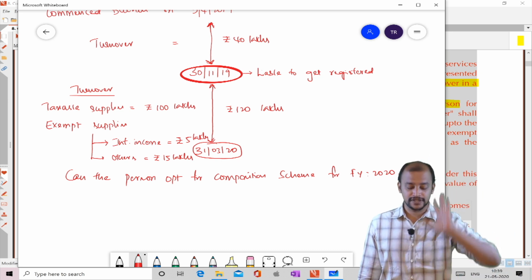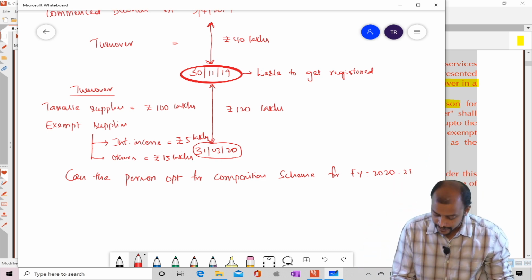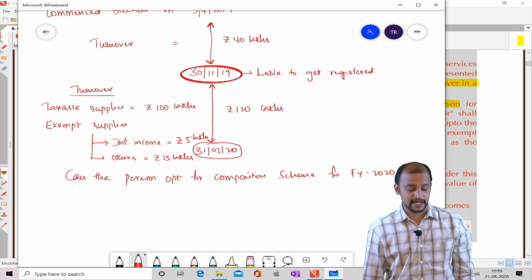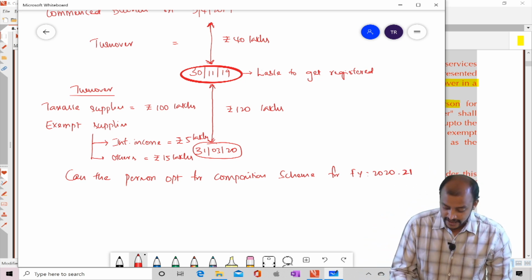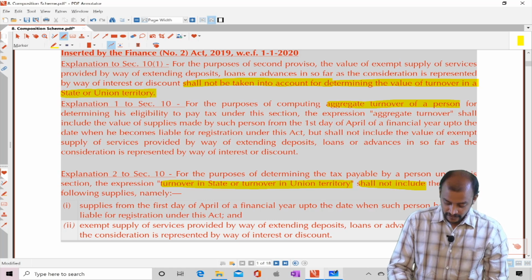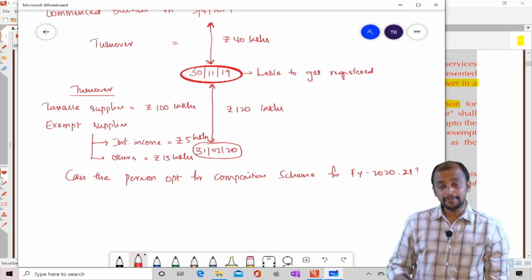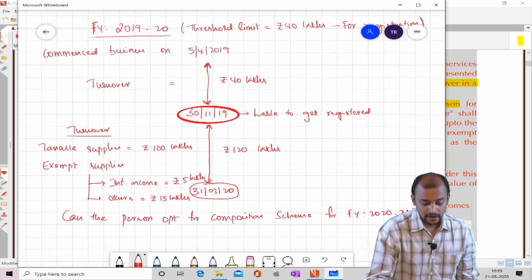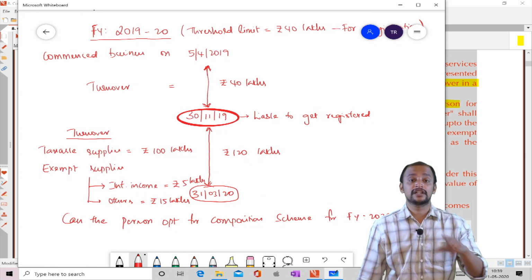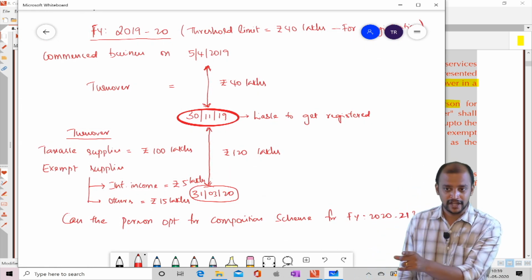Can he opt for composition scheme for the financial year 2020-21? What is your answer? This person can opt for composition scheme only when the aggregate turnover does not exceed 1.5 crores or 150 lakhs.